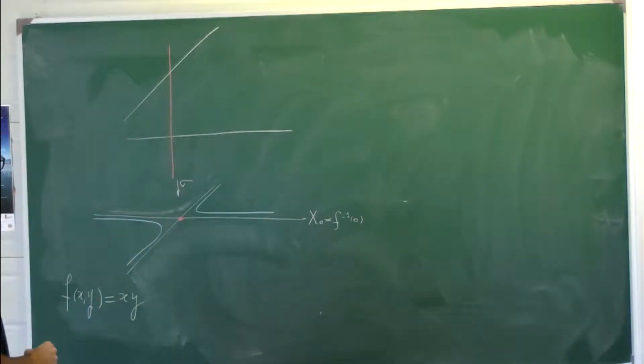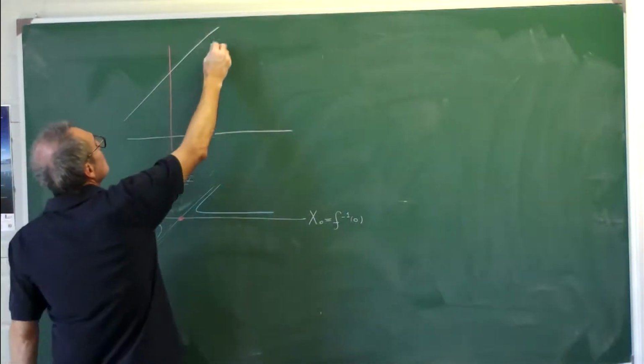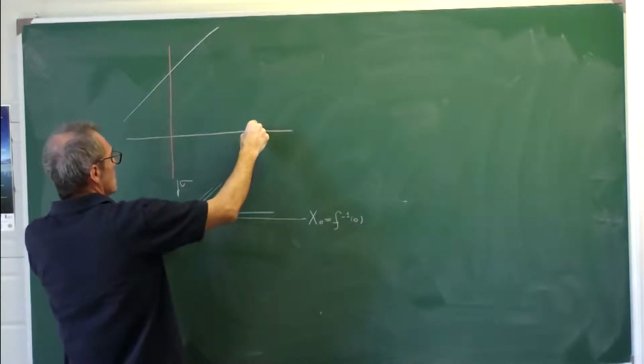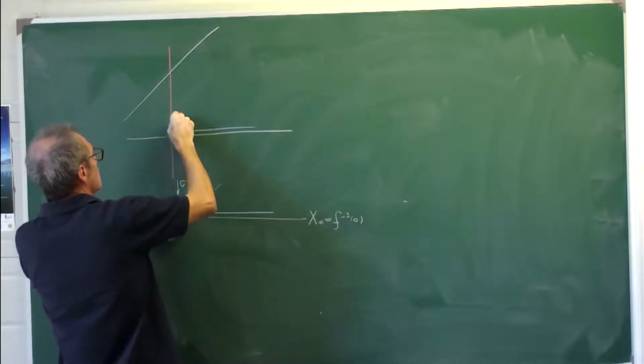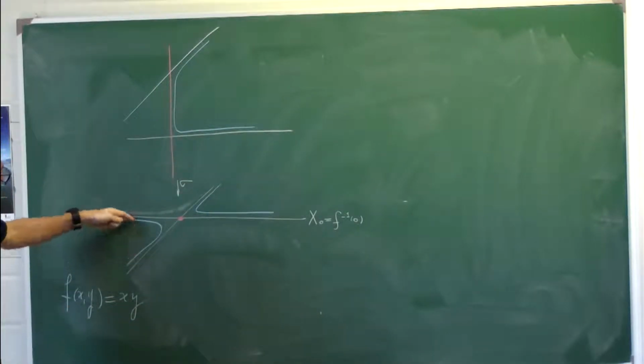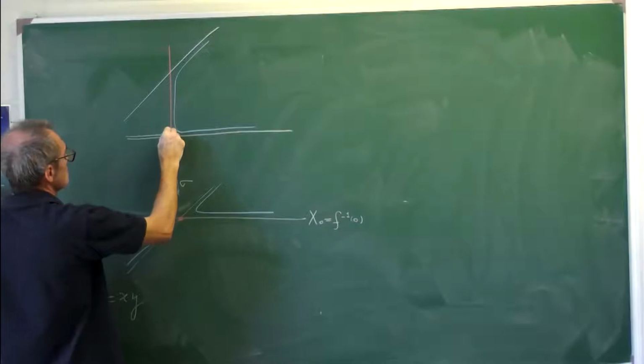If I do this in a smart way, I see that above this branch I have something like this, and above this one I have something like this.